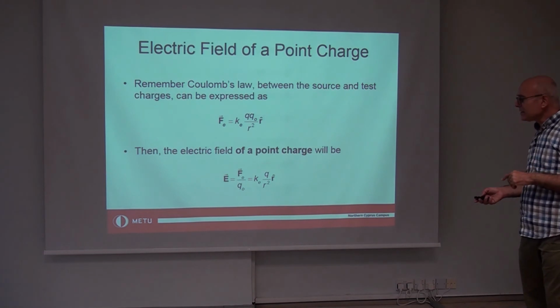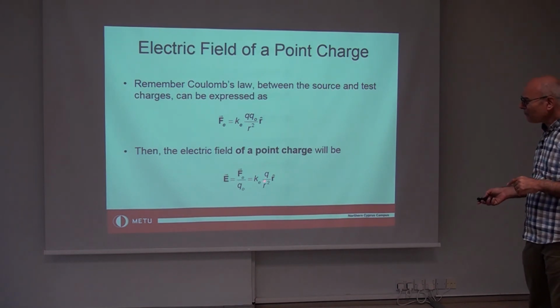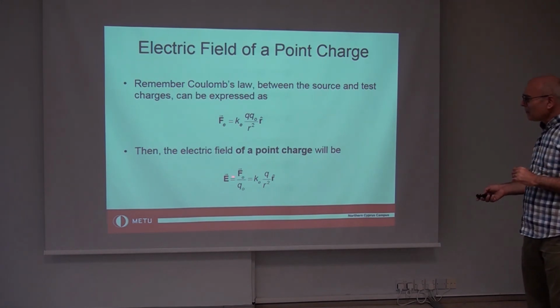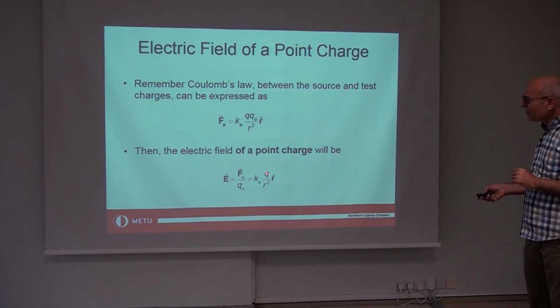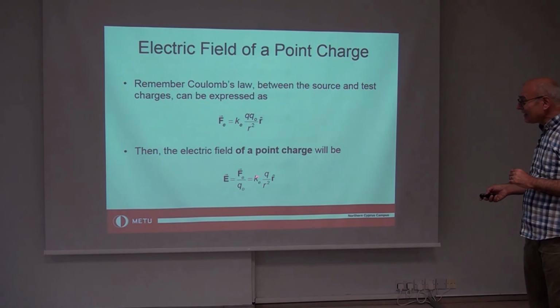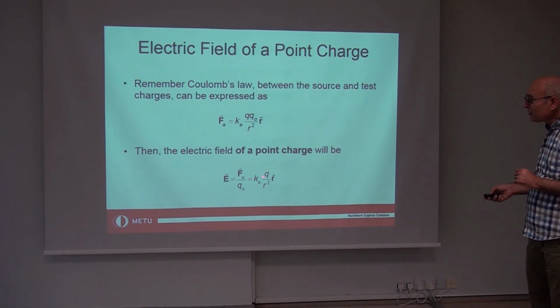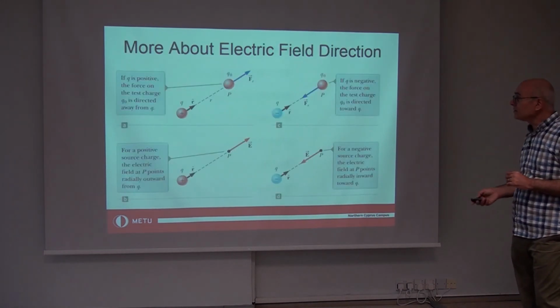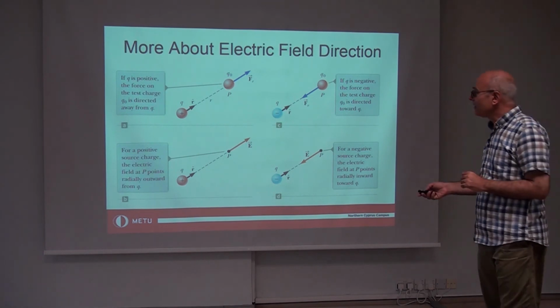Now, let's look at this a bit more closely. If your source charge is positive, then this whole scalar is positive, and it's multiplying r hat. So the electric field generated by a positive source charge will be parallel to the unit vector r hat. Let me make this clear.